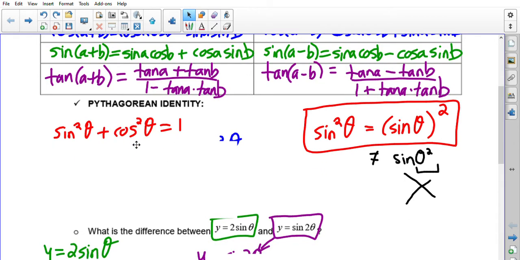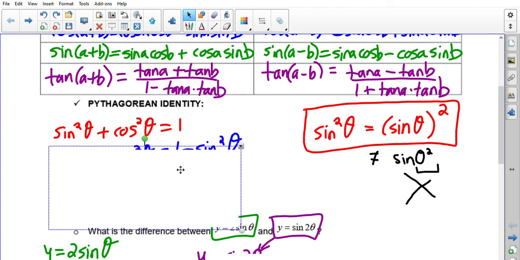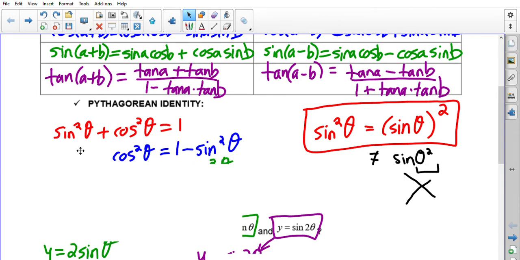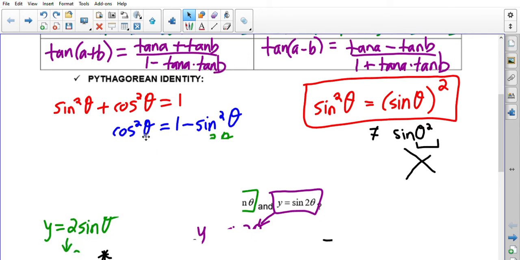All right, with the Pythagorean identity, there are always two other ways that we can rearrange the formula to get two other identities. Our first one would be if we isolate cos squared theta, and bring sine squared theta over to the other side and make it negative. This is another variation of the Pythagorean identity: cos squared theta equals 1 minus sine squared theta.